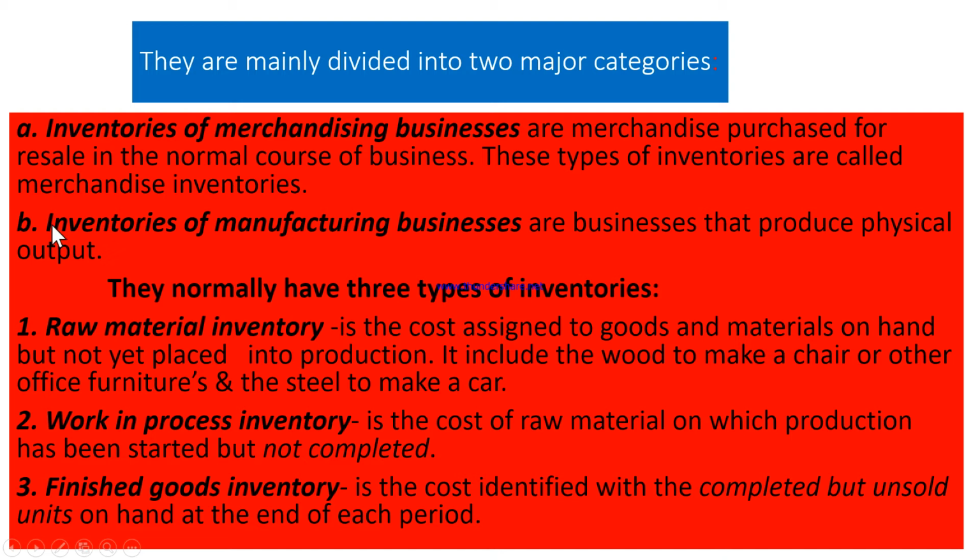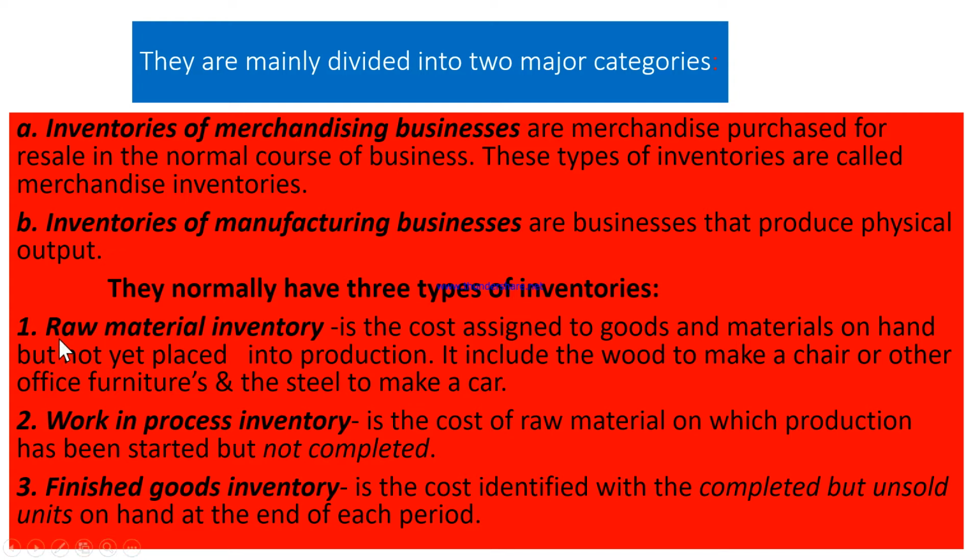The second category is inventories of a manufacturing business. They are businesses that produce physical outputs. They normally have 3 types of inventories.